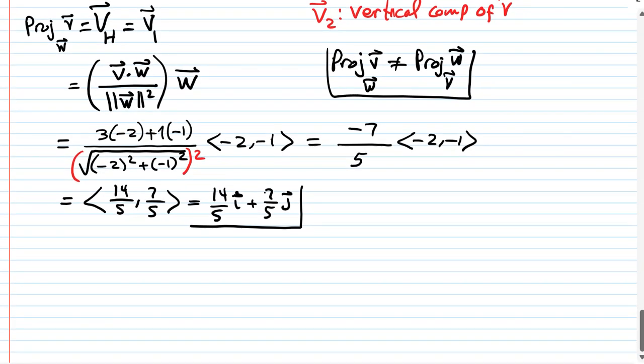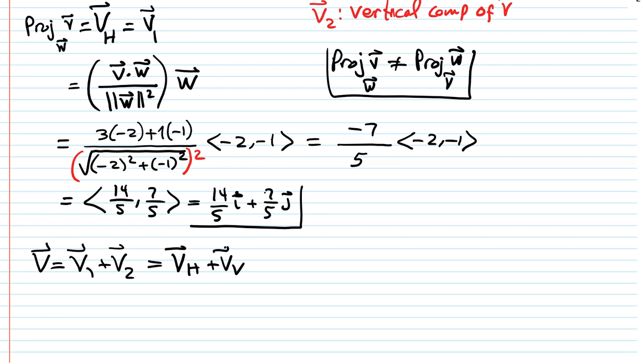Once we have V1, the easiest way to get V2, because remember, the vector V is made up of V1 plus V2, which in my notation is the horizontal plus vertical component. Therefore, V vertical, which is V2 in your book, is given by V minus V1.